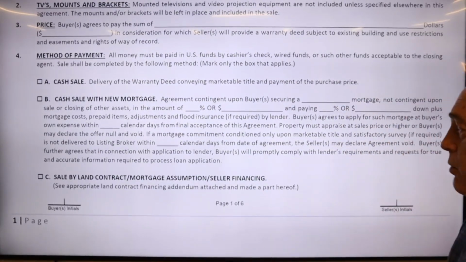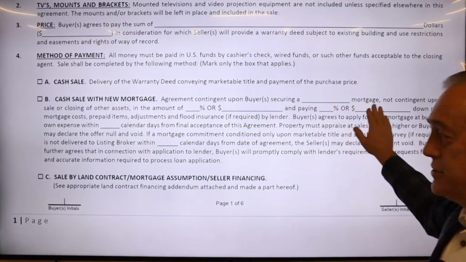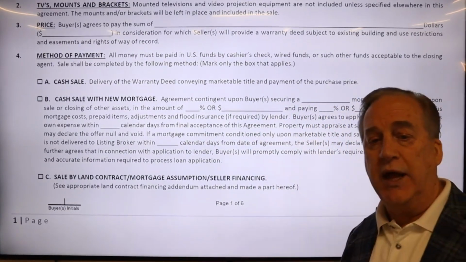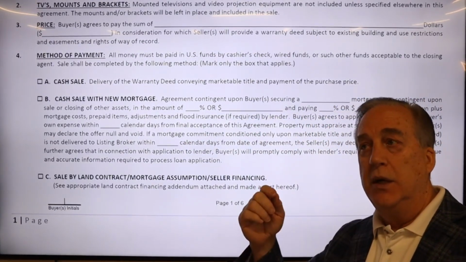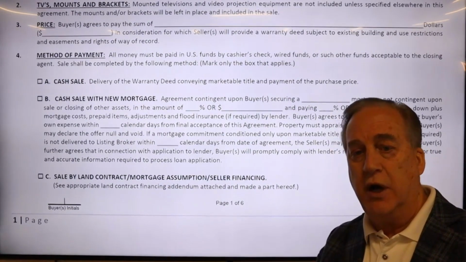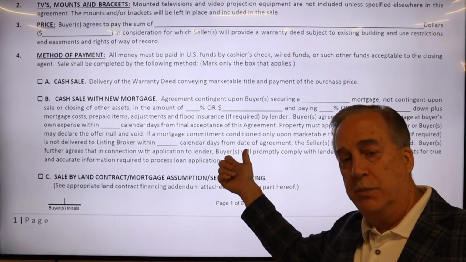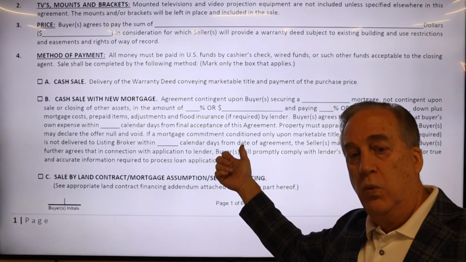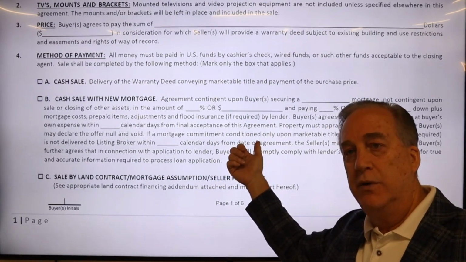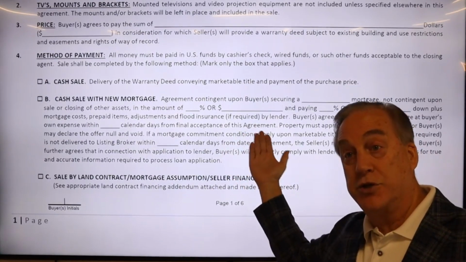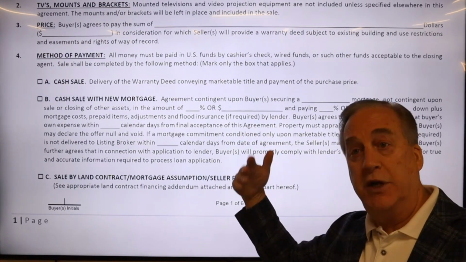Now here's the reason why. When we take a look at these terms, what we're looking at is that it's contingent upon the buyer getting a loan under these terms. Once they've been approved for this loan with these terms, the contingency is removed.